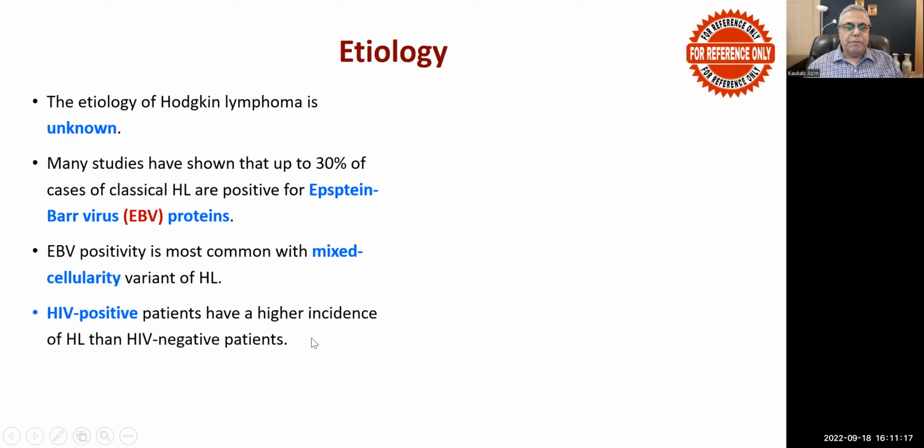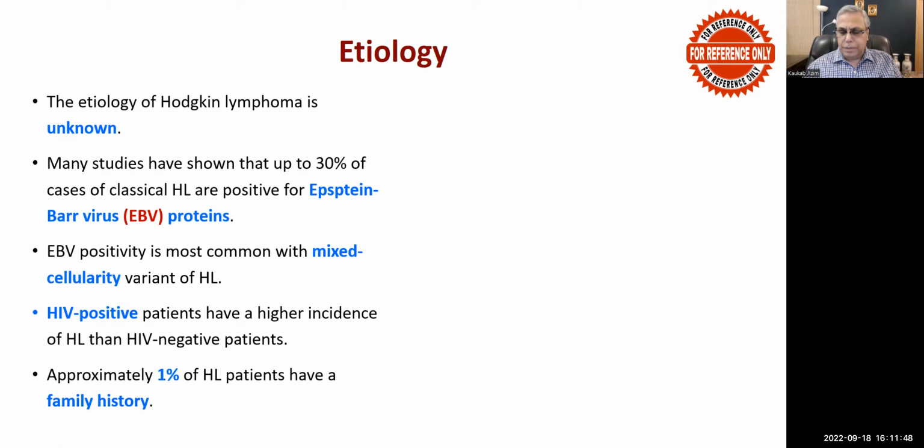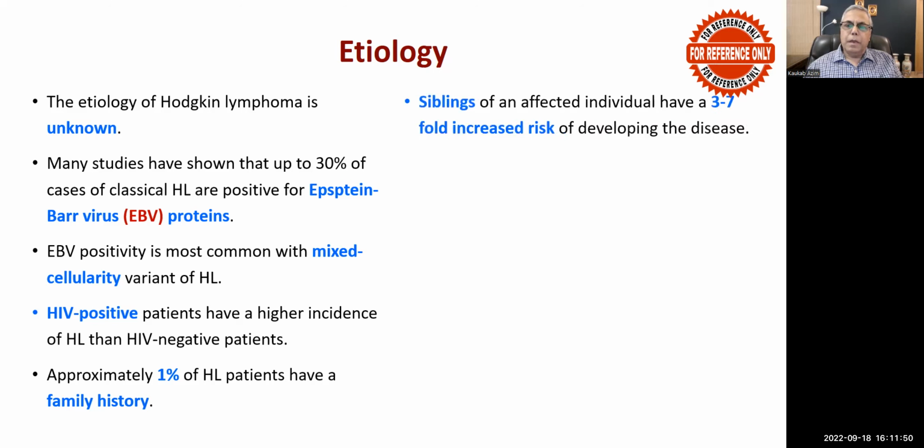HIV positive patients have a higher incidence of Hodgkin lymphoma than HIV negative patients, okay? So decline in immunity or poor functioning of the immune system is associated with development of lymphomas. And of course, lymphomas are more common in those patients who are taking immunosuppressive therapies.